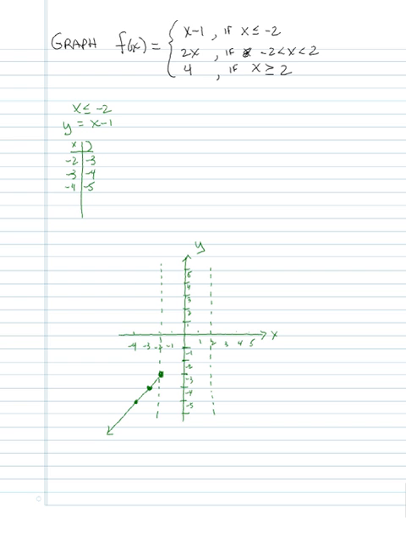Now, for the values of x between negative 2 and positive 2, the equation is y equal 2x. And so I just start plotting some points here. I'm going to notice that it's all right to use negative 1, it's all right to use 0, and it's all right to use positive 1. It's not all right to use negative 2, but I need to see where the graph is headed.